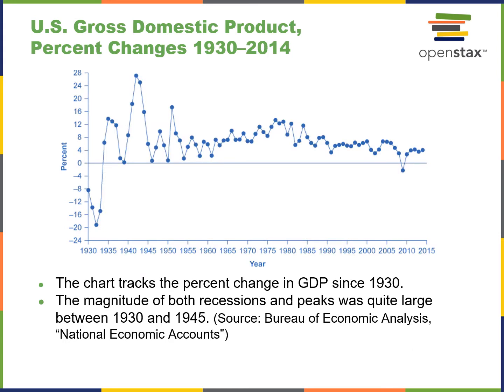So this is a look at the U.S. GDP from 1930 to 2014, and you can see the change in percent in GDP since 1930. 1929 is when the market crashed, but from 1930 it was already at negative 8% growth, and we were down to nearly negative 20% growth at the absolute bottom, which was about 1932 when all the banks collapsed.